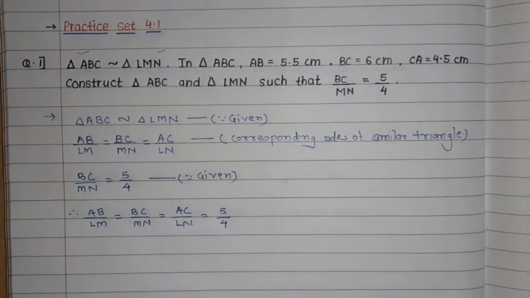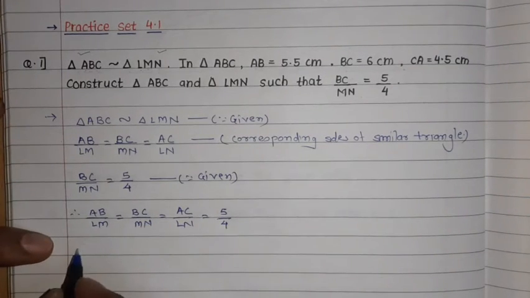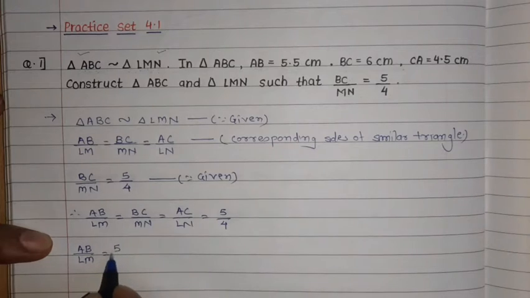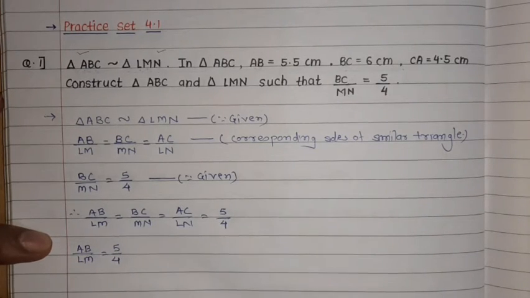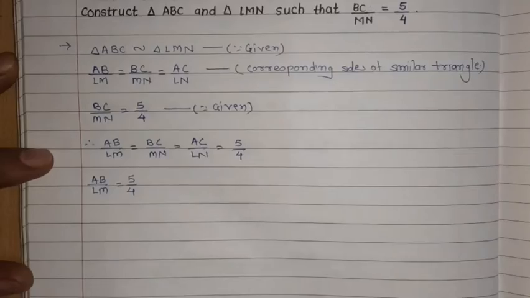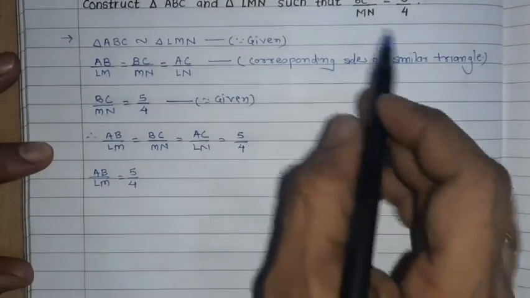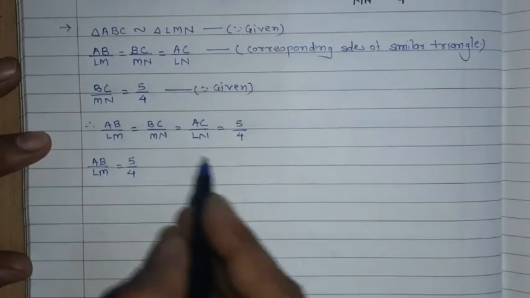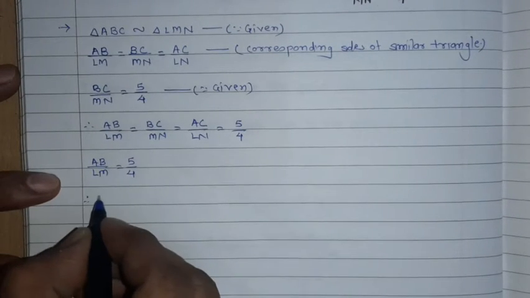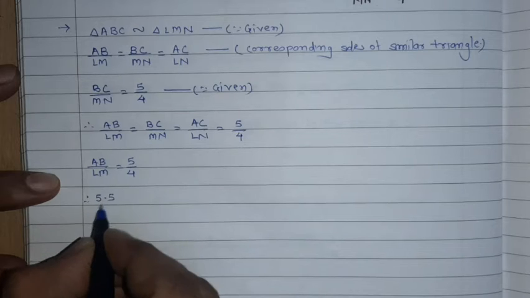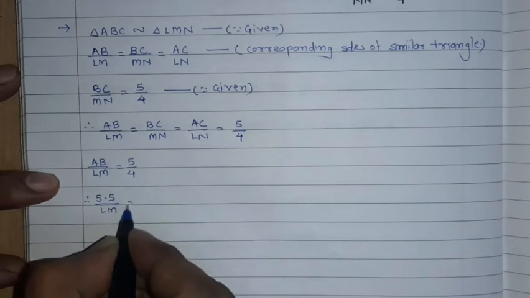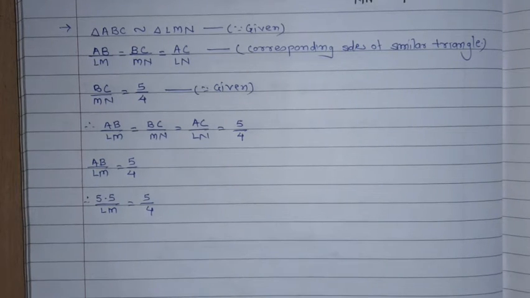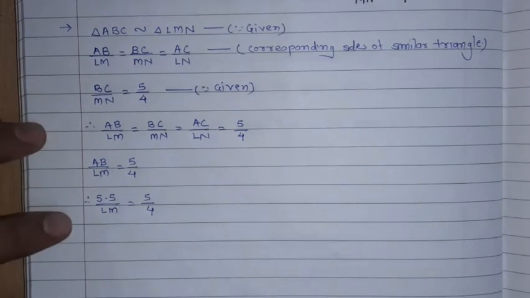Now by using this, first of all we take AB upon LM is equal to 5 upon 4. Then see dear student, AB is how much? It is 5.5. Therefore we can write here, 5.5 upon LM is equal to 5 upon 4. Dear student, we have to solve this.